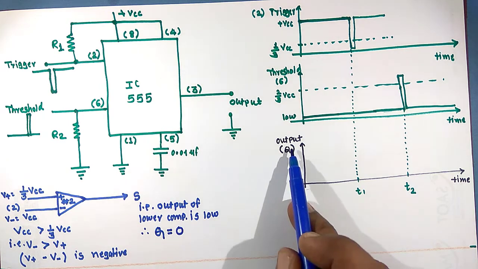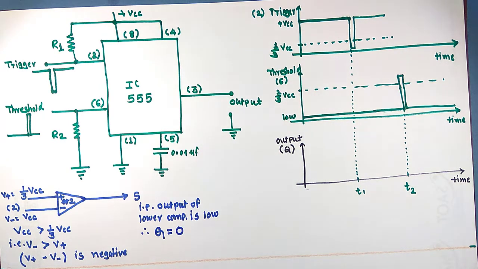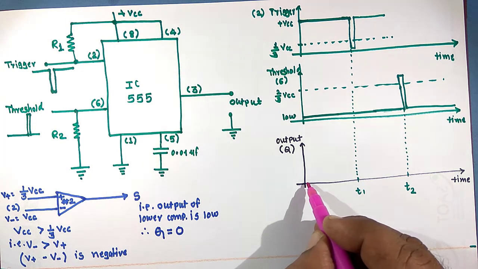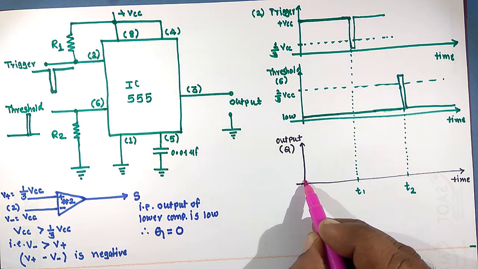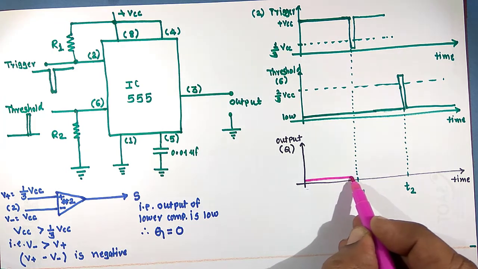That is, the output of IC 555 is 0 when no triggering input signal is present. So this is the situation when no triggering signal is present. Output is low.